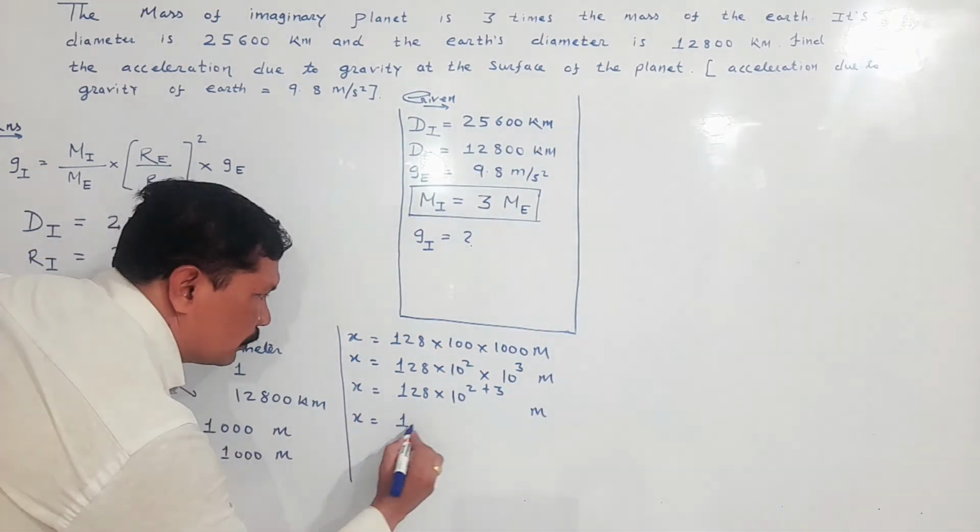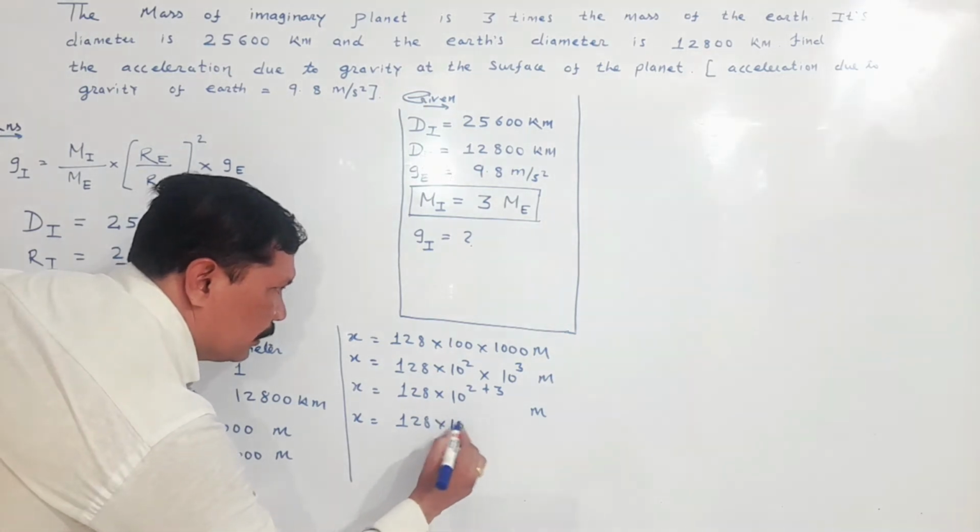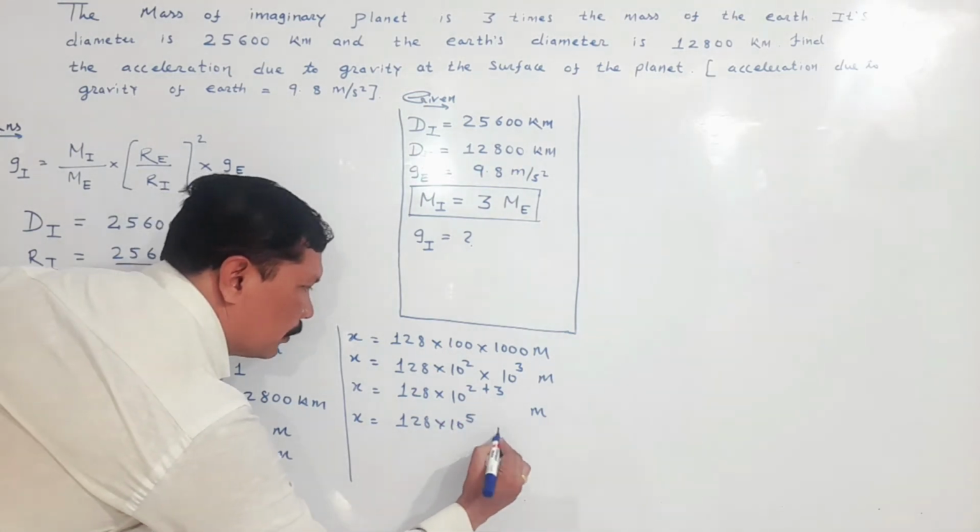X is equal to 128 into 10 to the power 5 meter.